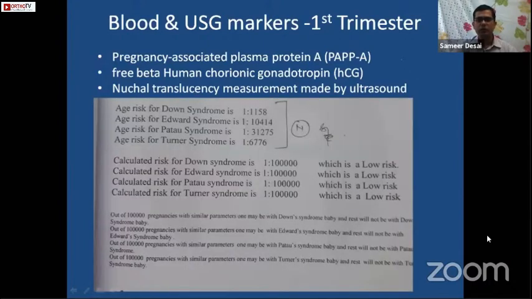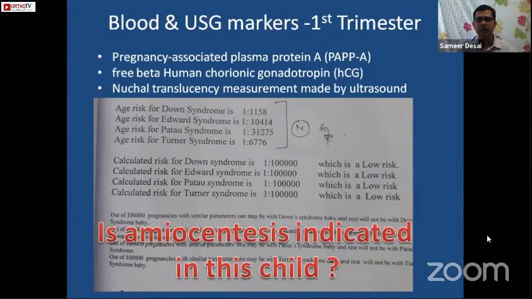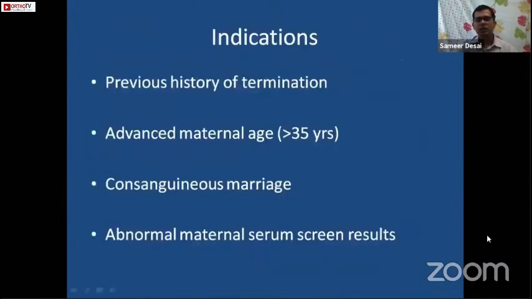So this is the actual photo of the report that was given to the parents. You can see over here, they have mentioned that there is very low risk, but still there is a risk. So considering the age of the mother, we decided to do amniocentesis. What are the indications for amniocentesis?